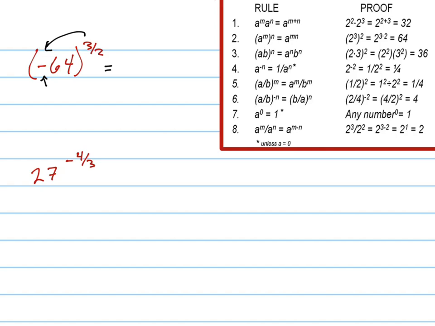well, we've got a little bit of a problem because we have an even radical. That's like a square root, right? So you could think of it as negative 64 to the 1/2 power all to the 3rd power, because I'm basically applying rule number 2.